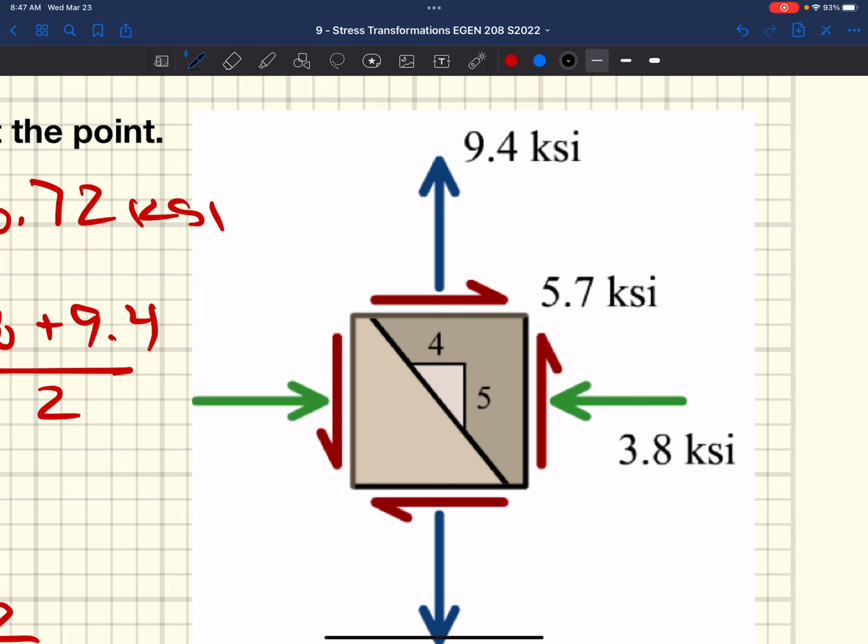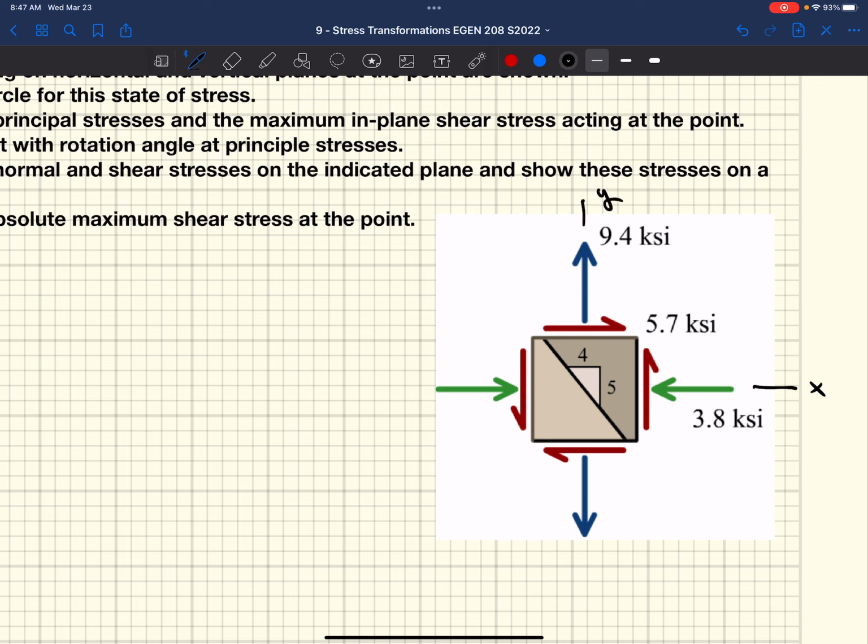If we look at what we were doing a second ago, let's go back here. This is our X face, this is our Y face, so we have coordinates on this element. Now we're going to rotate this element, and we want to know what's going on in this face.